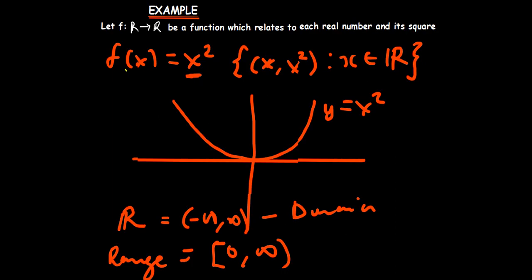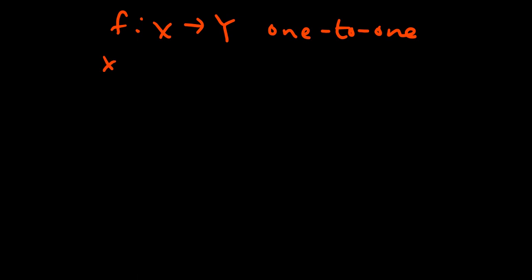Okay, now let us look at another concept: a function being one-to-one. If I have a function f such that x is being mapped to y, this function is said to be one-to-one if for every x there is only one distinct corresponding image in y.